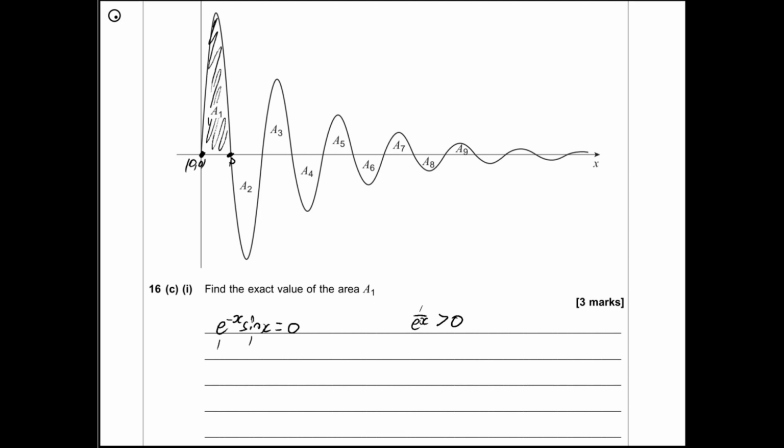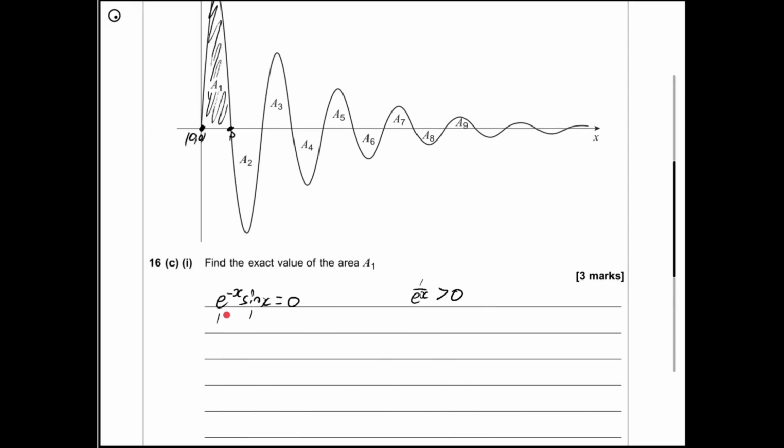That's something you have to remember: anything to the power minus x is always going to be greater than 0, because no matter what x you put in there, whether it's 2 or minus 2, e to the 2 is just a fraction, but that's greater than 0, and e to the minus 2 just means you flip that back up, so you just get e squared, and that's obviously bigger than 0. So that's just a little fact that you have to remember.